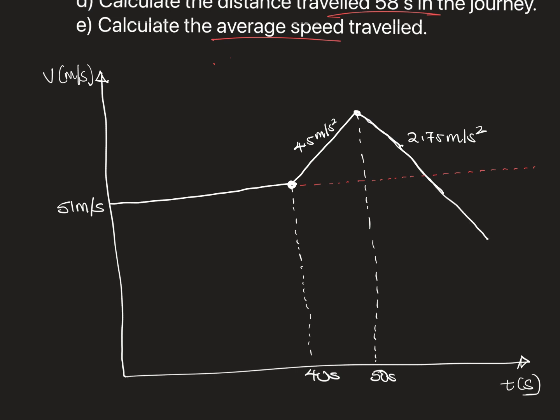Let's say somewhere here. If you have a final velocity that is exactly 51 meters per second, you'll have it somewhere here. But if you have a final velocity that is greater than 51, let's say somewhere around here, then you should draw as appropriate.